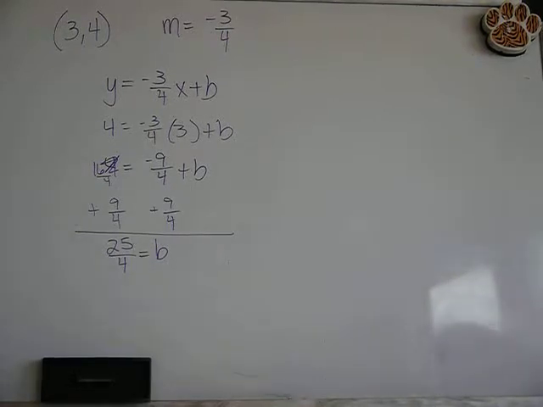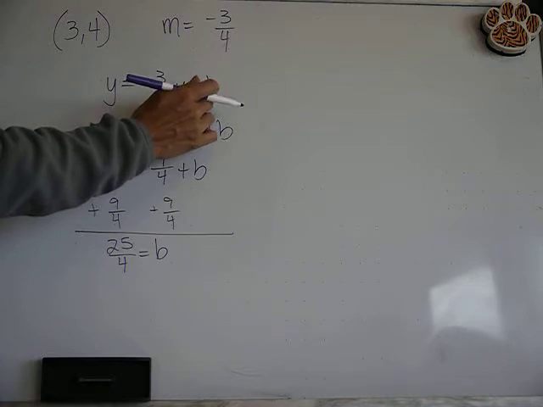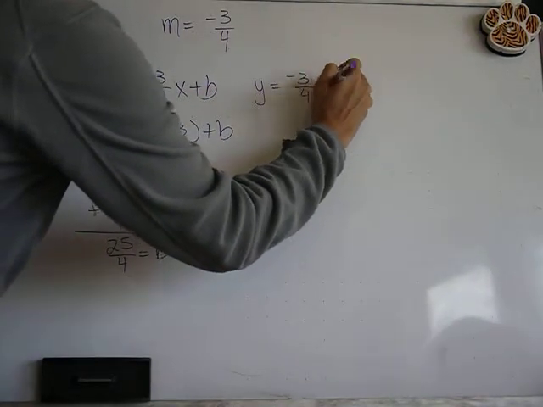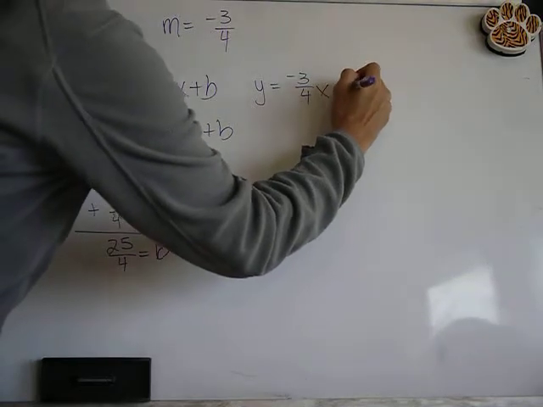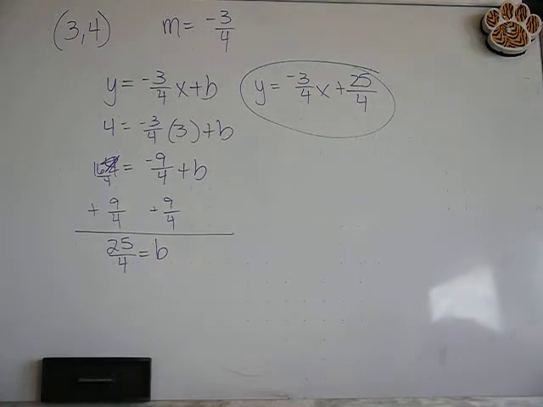And then we wrap it up and hand it over. So that means it's pretty much this with a new b. Wow, that's a big number. 25/4? Is that what you got? And there's your final answer, wrapped up with a bow.